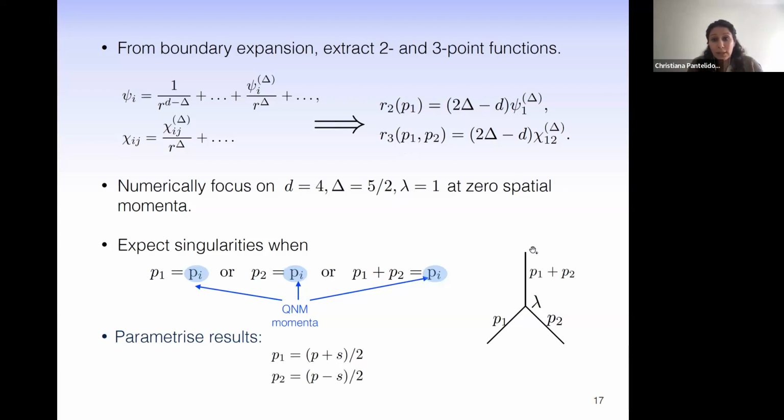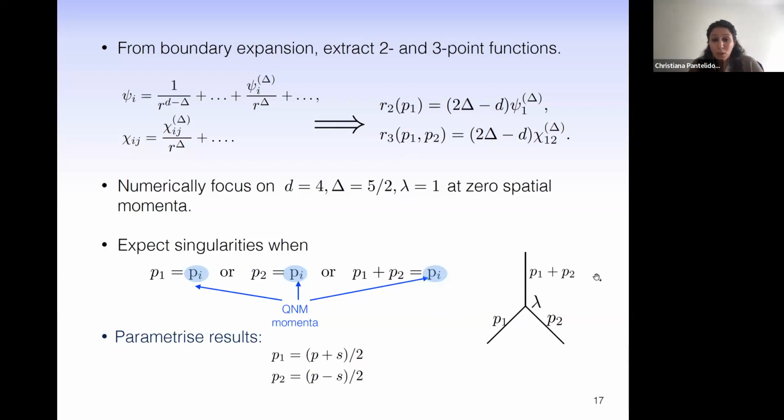And remember, we are in lambda phi cubed theory. So contact diagrams look exactly like this, where the strength of the vertex is given by the strength of the interaction, namely lambda. We have ingoing momenta P1 and P2, and the outgoing momentum, simply by momentum conservation, is equal to P1 plus P2.